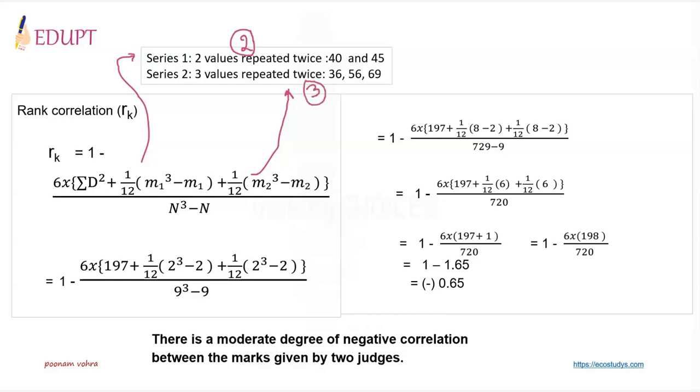In such a situation, the formula will be 6 into sigma d square plus 1 by 12 m1 cube minus m1 plus 1 by 12 m1 cube minus m1 two times, plus 1 by 12 m2 cube minus m2 plus 1 by 12 m2 cube minus m2 plus 1 by 12 m2 cube minus m2 three times.